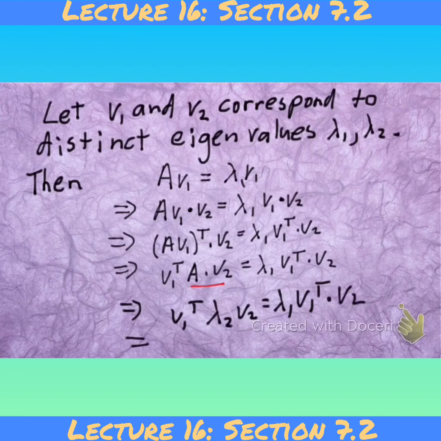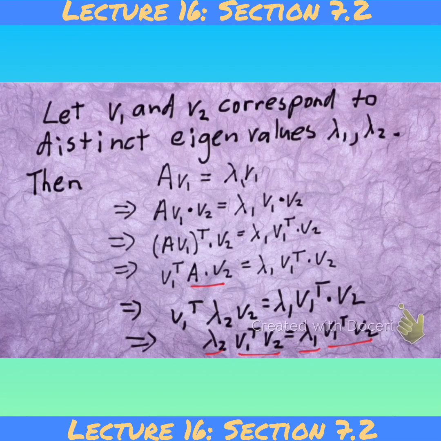Alright, and from there we get that lambda 2 V1 transpose V2 is lambda 1 V1 transpose V2. Okay, so these are constants, and this is a vector and that's a vector, right? So look at the right hand side and the left hand side.